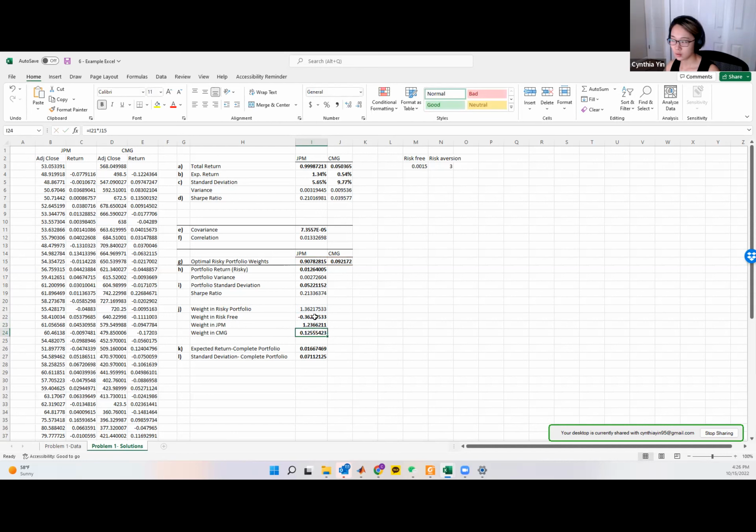So in other words, these three numbers sum to 1, meaning that you are borrowing around 40% at the risk-free rate and investing around 120% in JP Morgan and around 13% in Chipotle. And you can see you invest a lot in JP Morgan actually. It's intuitive because JP Morgan has a much higher Sharpe ratio than Chipotle.